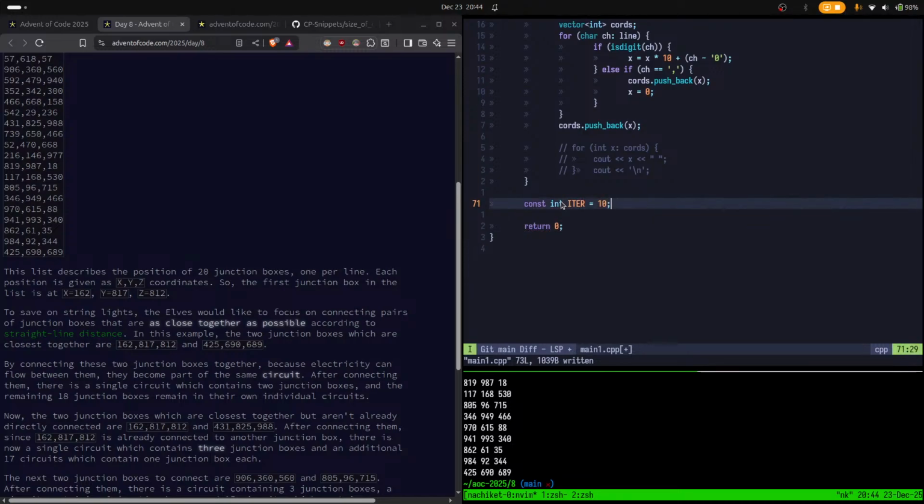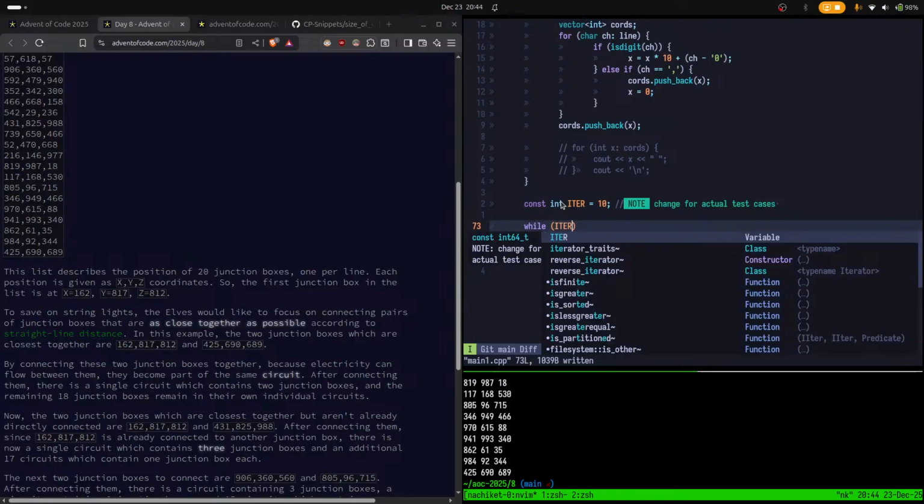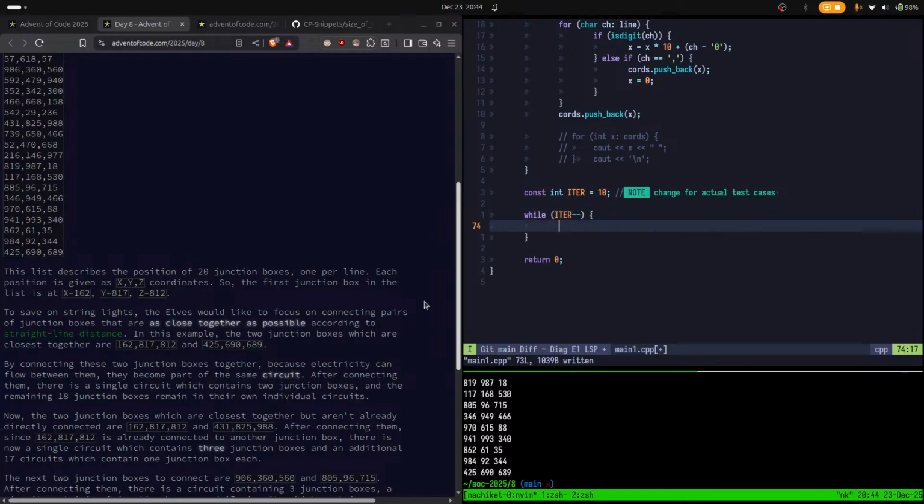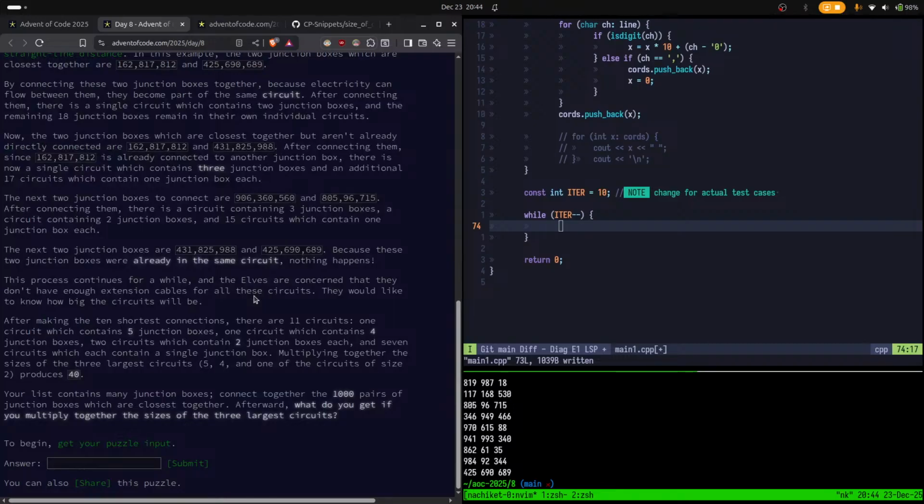And for the sample input, and for the actual test case, find out the pair of coordinates which have the smallest distance.